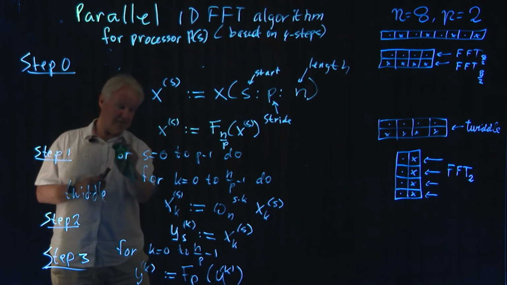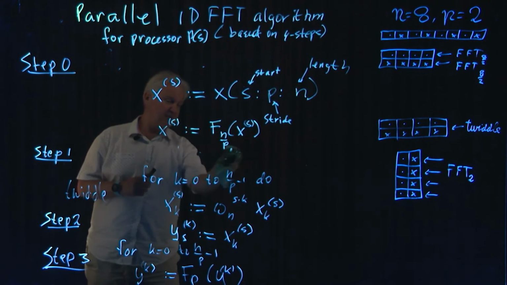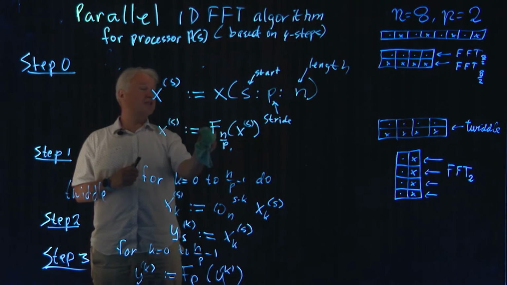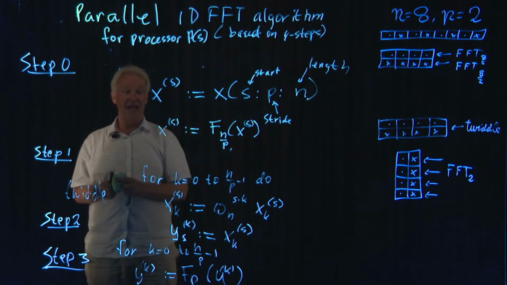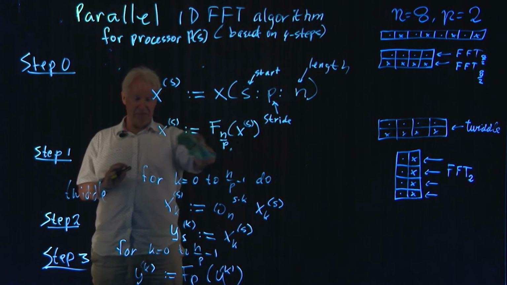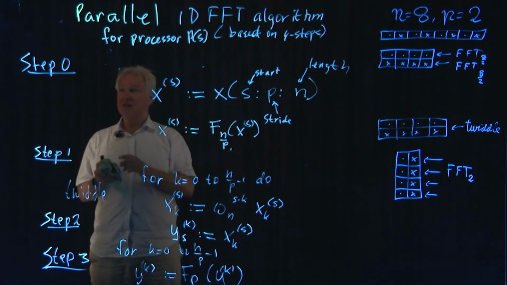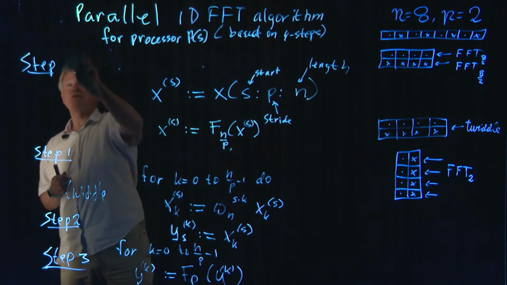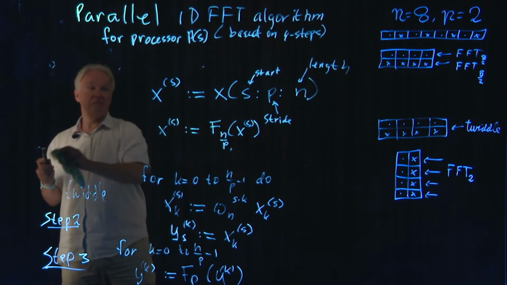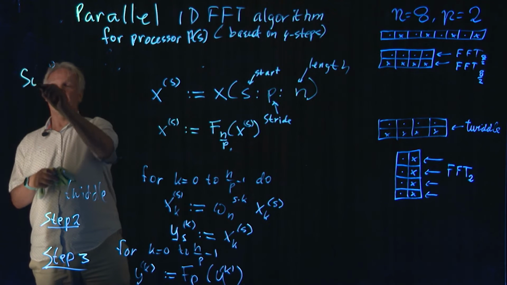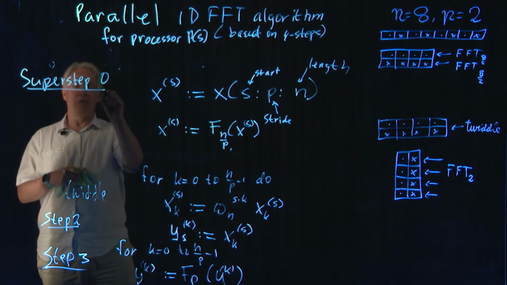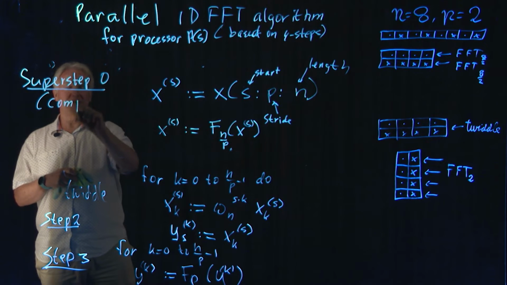And the same here for step 1. And this is just done by processor S. And now, since this becomes one big step, we call this a super step. So step 0 and step 1 combined become super step 0. And this is computation.